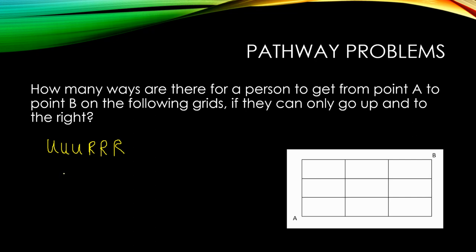So the number of ways that we can arrange 3 ups and 3 rights is 6 factorial, 6 total movements, 3 factorial for the u's, another 3 factorial for the r's. And we just have to work that out. And it works out to about 20 different arrangements, 20 different possible pathways from A to B.